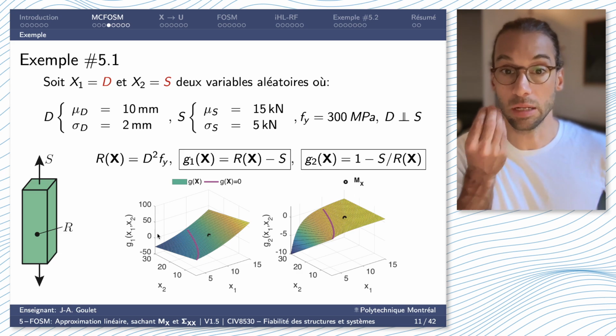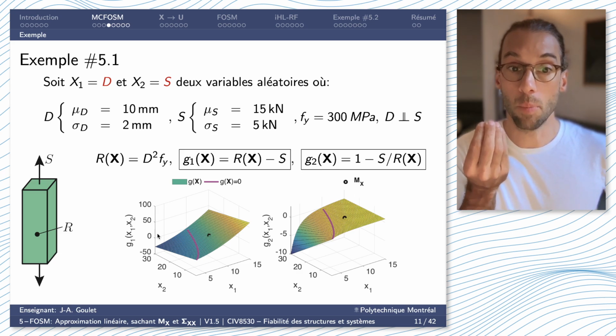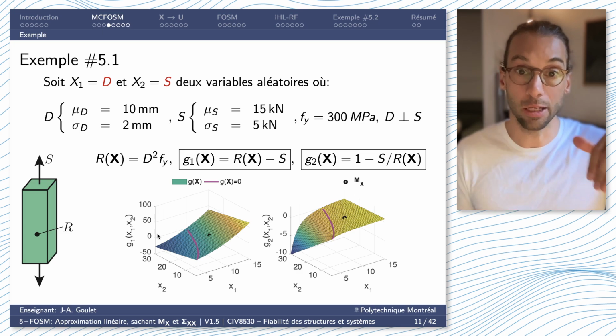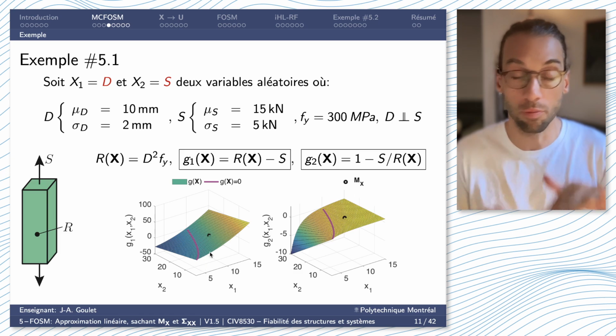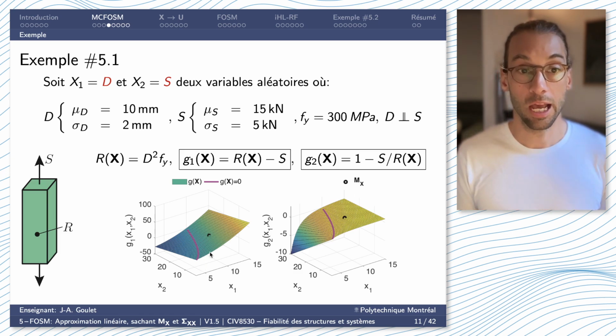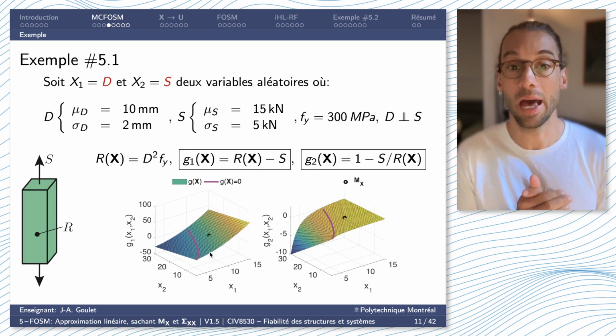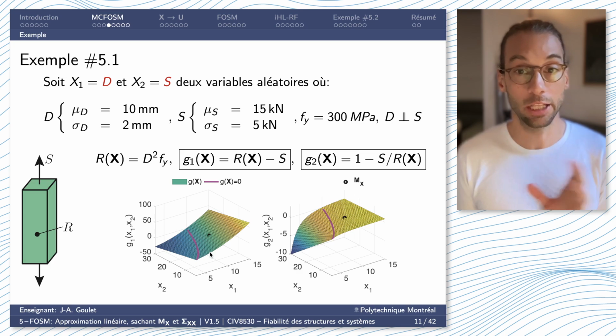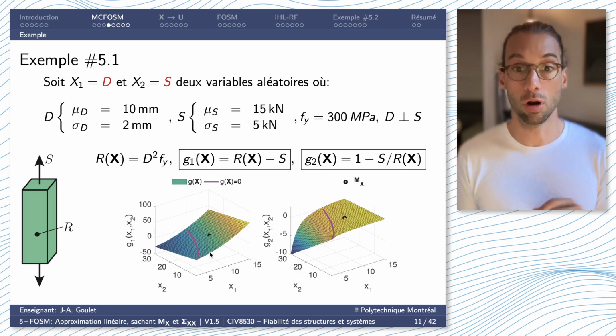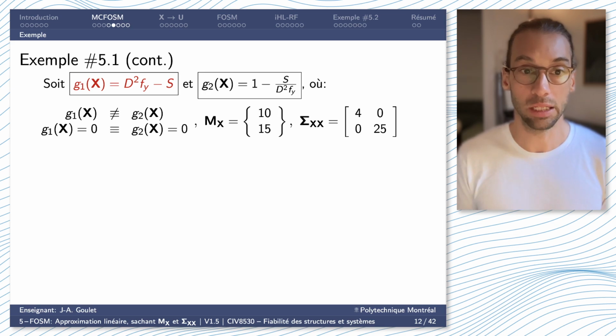To be admissible, both must describe the same failure and survival domain. But outside of this purple curve, both look different, and we're going to see that this is problematic for MCFOSM, because in both cases we're not going to get the same estimate for beta, the reliability index.